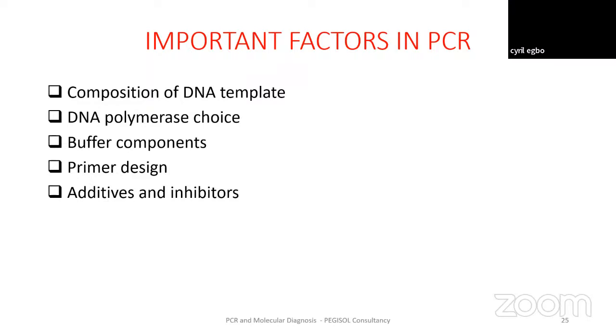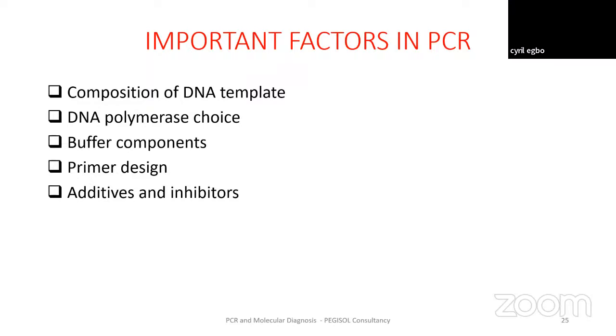Then the second one is the DNA polymerase choice. There are some polymerases that are not stable, while some are stable. Like Taq polymerase, DNA polymerase, they are very stable to heat, because you know the principle of PCR machine is thermal regulation, which means it actually increases temperature, decreases temperature for all this process to occur.